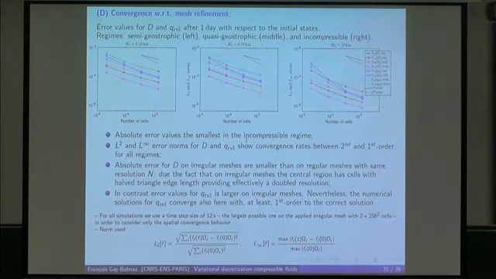This test also allows us to estimate the convergence of our scheme. We didn't do any analytic convergence, only the numerical one. And as it should, it's between first and second order, both in the L2 and in the L infinity norms.